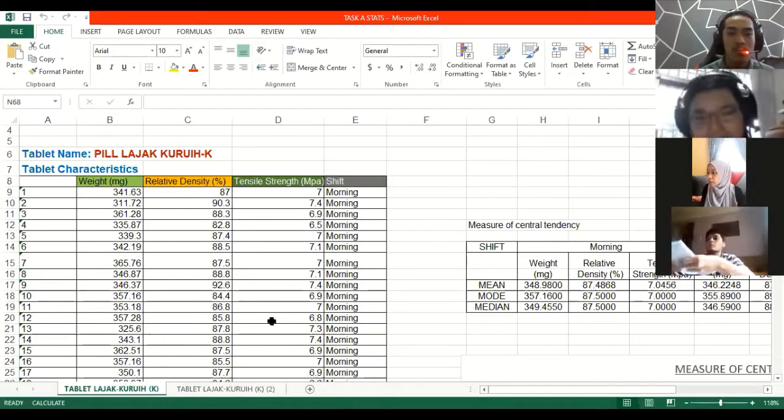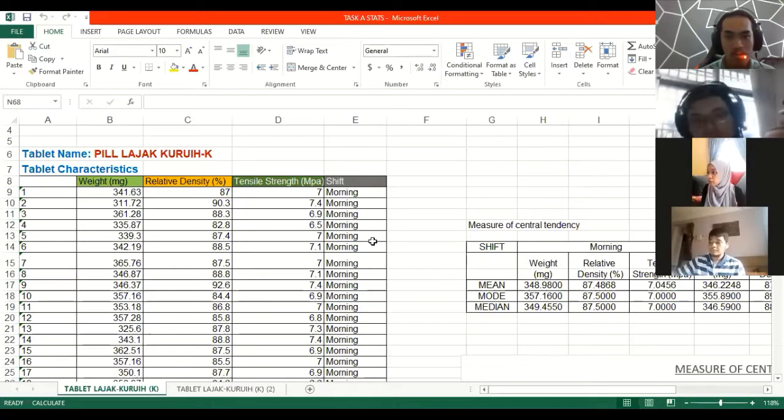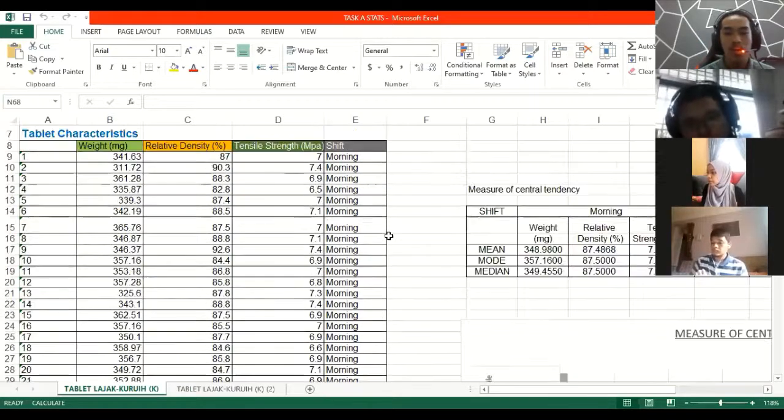First of all, we class our sample data according to three shifts, which is morning, evening, and night.